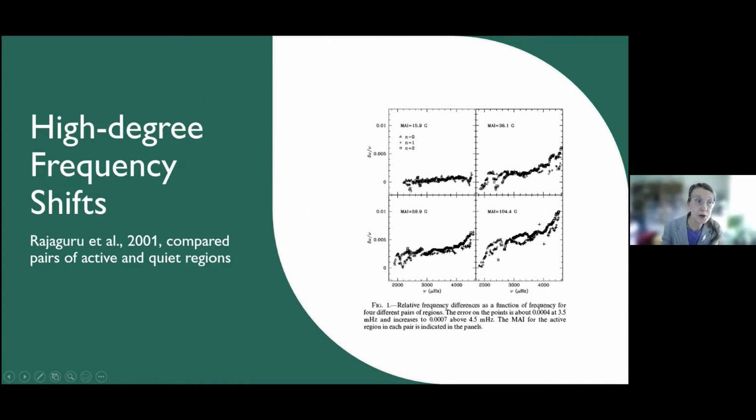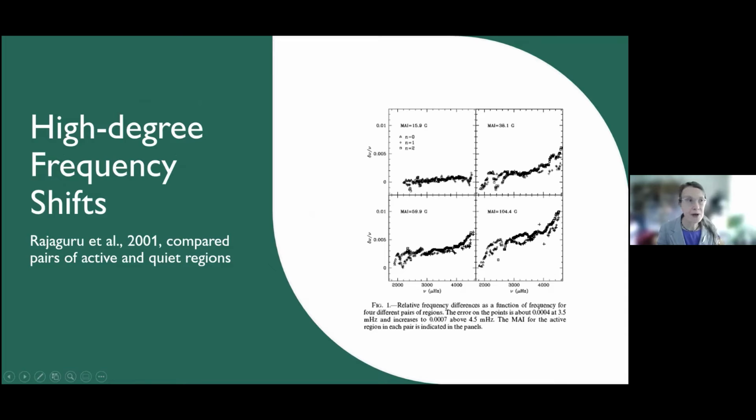And Rajaguru et al. looked at comparing active regions with quiet regions and showed that the frequency dependence in the frequency shifts for local helioseismology is there as well. You can see the sensitivity increasing with frequency. But that's just an increase.